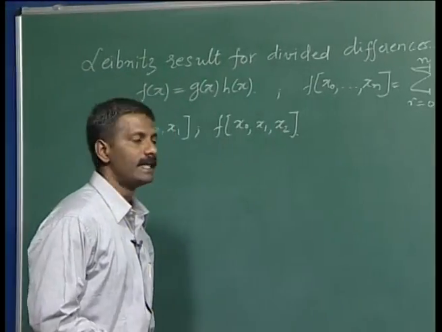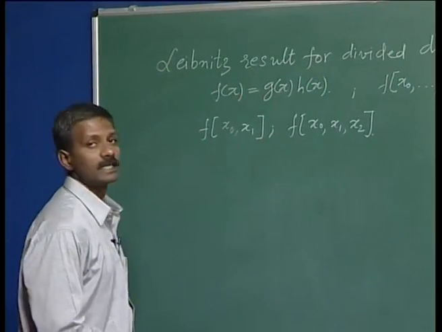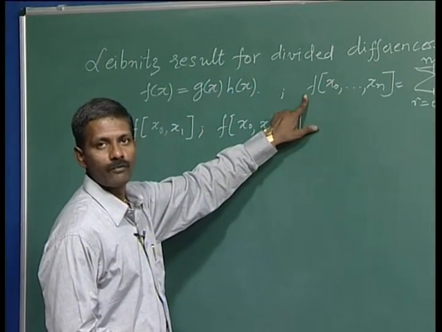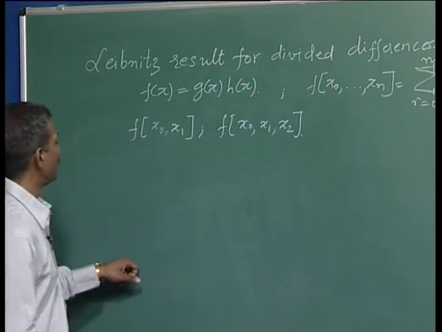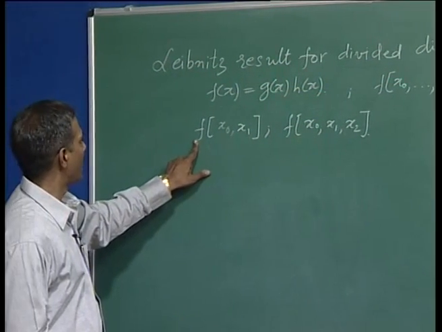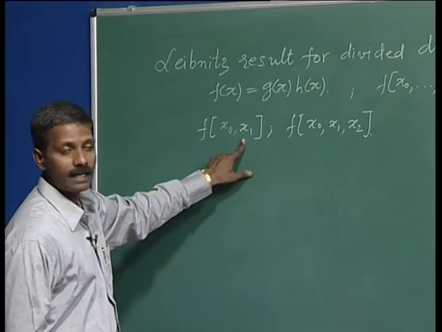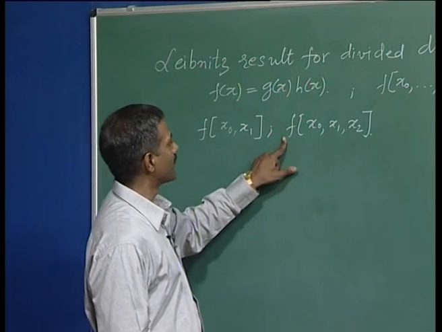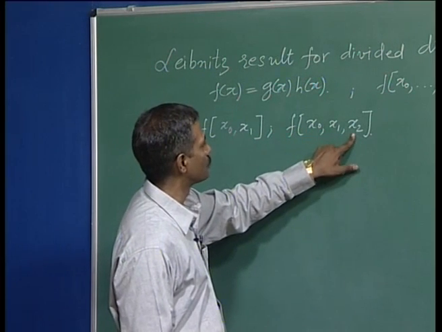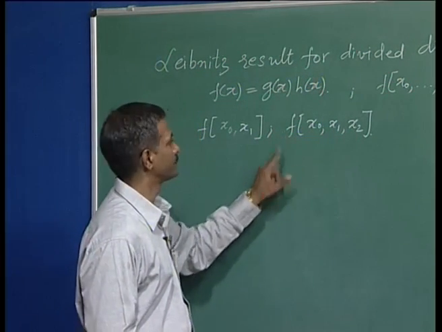In the previous lecture, I had shown this result to be true for a few cases, namely for the first divided difference f[x0, x1] and for the second divided difference f[x0, x1, x2].